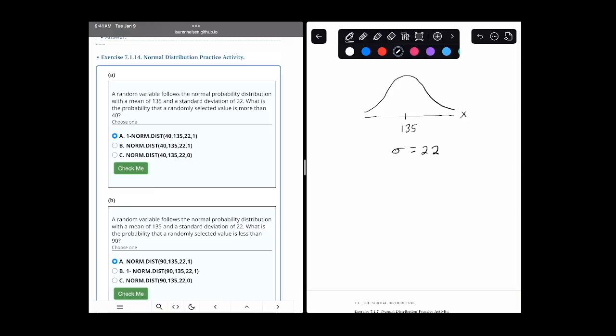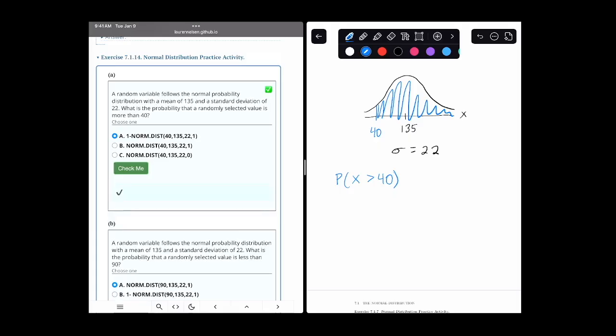And we want the probability that a randomly selected value is more than 40. So 40 is here, and so that means that we're looking for the probability that x is bigger than 40, which is the area to the right of 40, which means I would need a 1 minus out front. So it would be 1 minus norm.dist of 40, 135, 22, true.